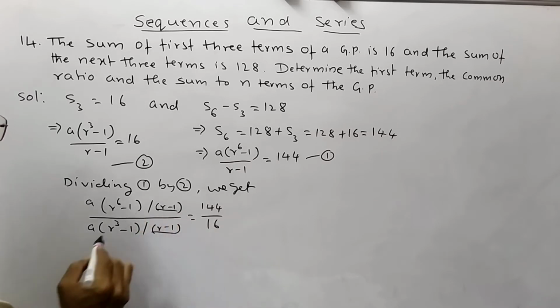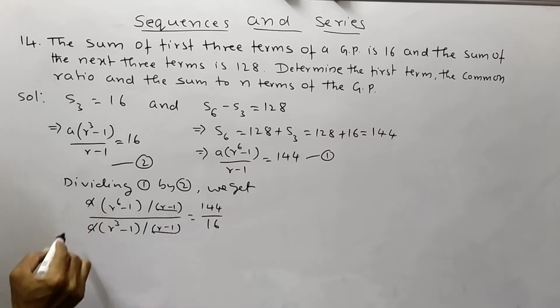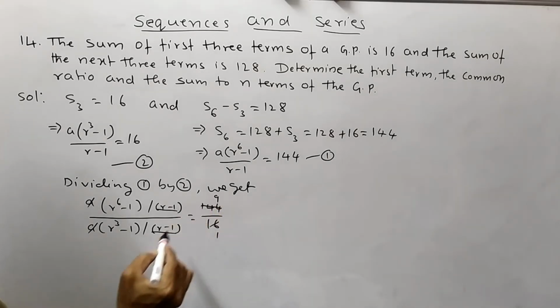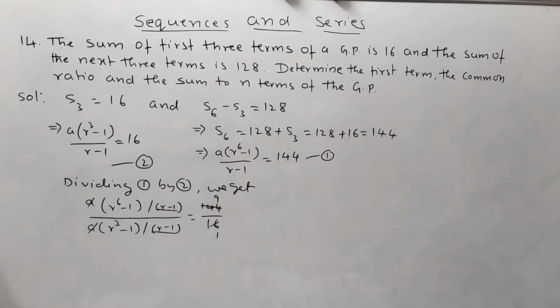R minus 1 and R minus 1 will get cancelled, A and A will get cancelled. 16 ones are 16, 16 nines are 144.